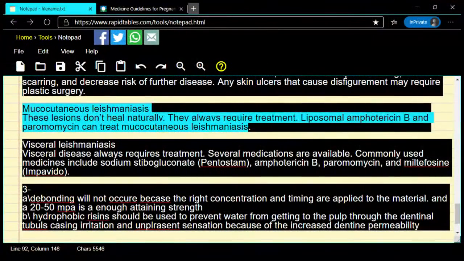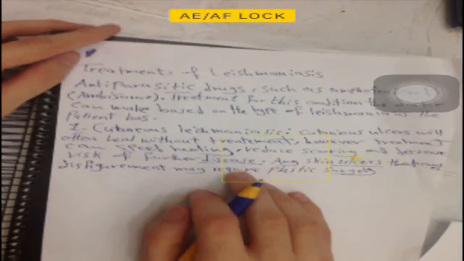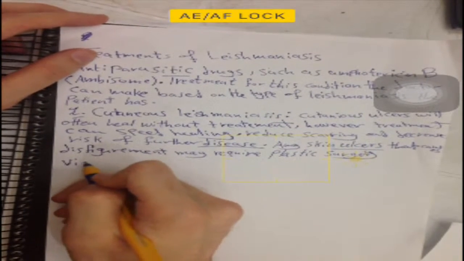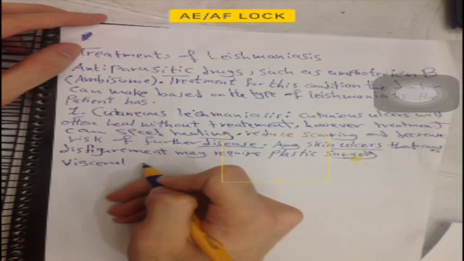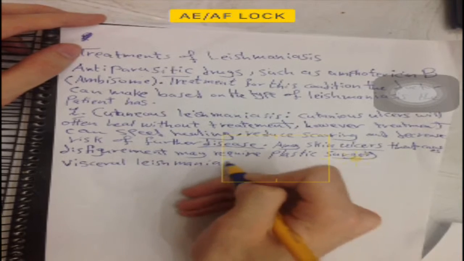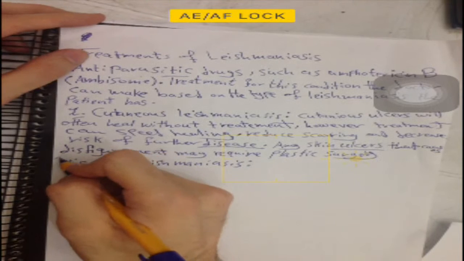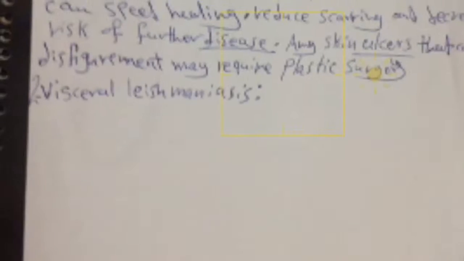Next in the search we have the visceral leishmania. What we will be writing: visceral leishmaniasis, as we can see here.